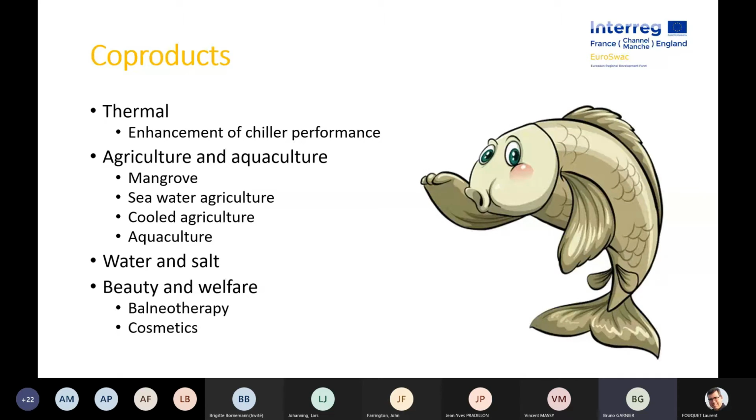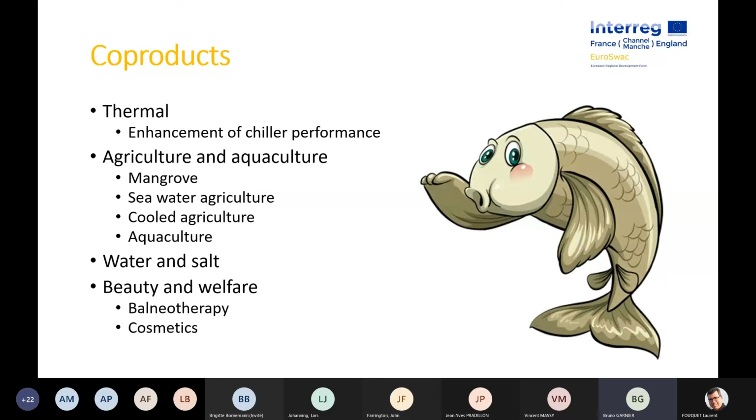We have agriculture and aquaculture that can use the fact that there's lots of nutrients in the deep water. We can, for example, create a mangrove in the desert with the SWAC using these nutrients. We can make seawater agriculture, cooled agriculture, for example, to raise strawberries in a tropical climate, and aquaculture.